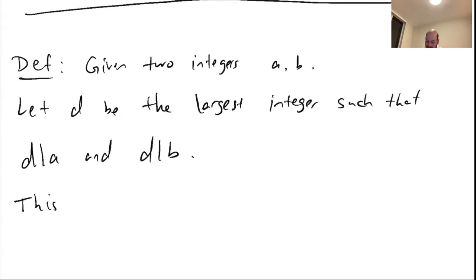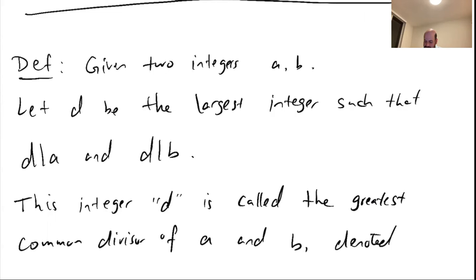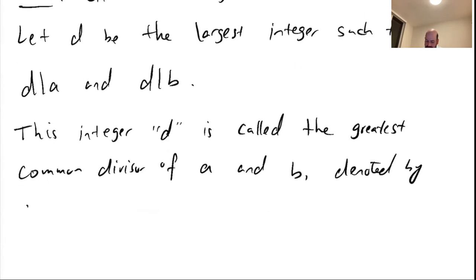This integer d is called the greatest common divisor of a and b, denoted by GCD of a and b.